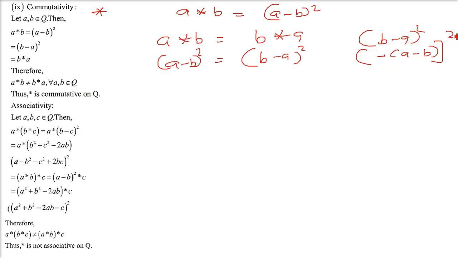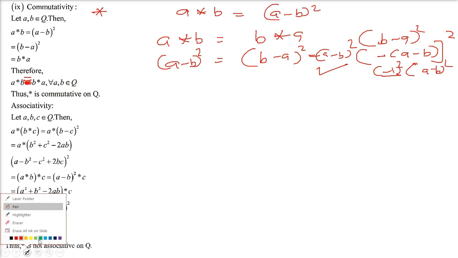So this is negative 1 whole square times (A minus B) whole square, and minus 1 whole square is 1, so (A minus B) whole square. So they both are equal. So this holds, star is commutative on Q. I'm just saying that they are equal. That is why it is commutative.